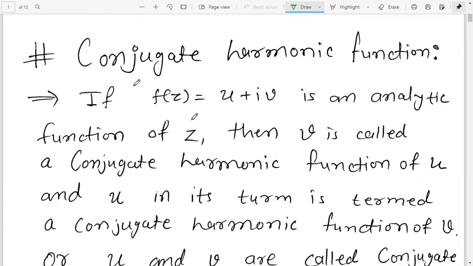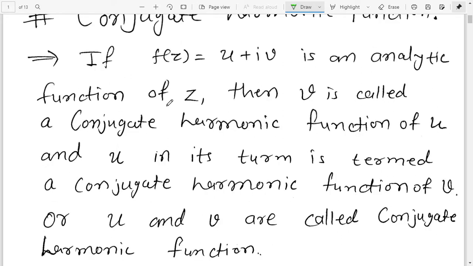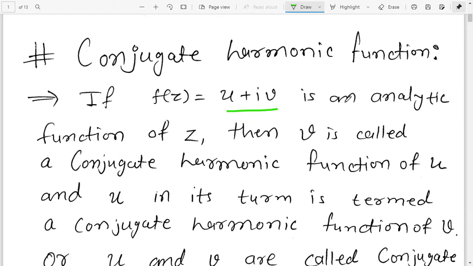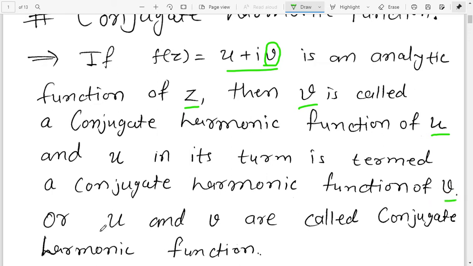Next definition, conjugate harmonic function. If f of z is equal to u plus iota v is an analytic function of z, then v is called the conjugate harmonic function of u, and u in its turn is termed the conjugate harmonic function of v.